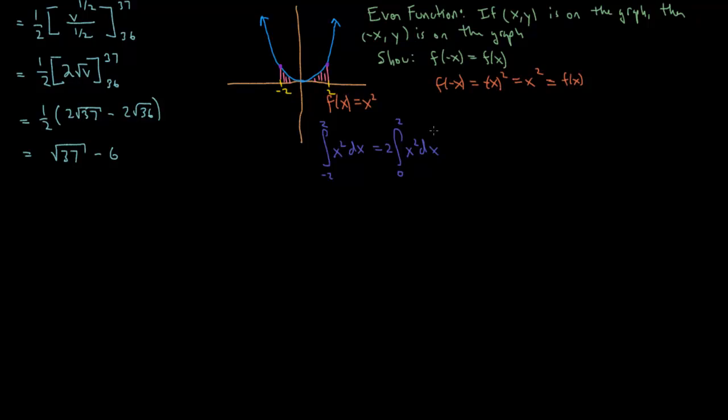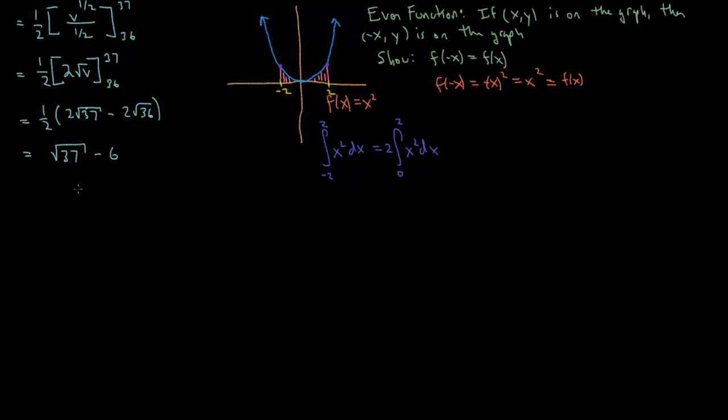Now, where might this be super useful? This would be super useful if you're doing a Riemann sum. Why would it be useful? Because let's envision you're trying to do this as a Riemann sum. I'm not going to work it out since we did that on a different day, in a different video.